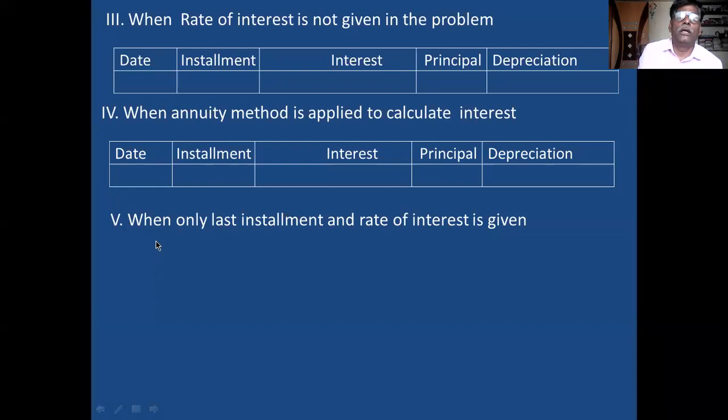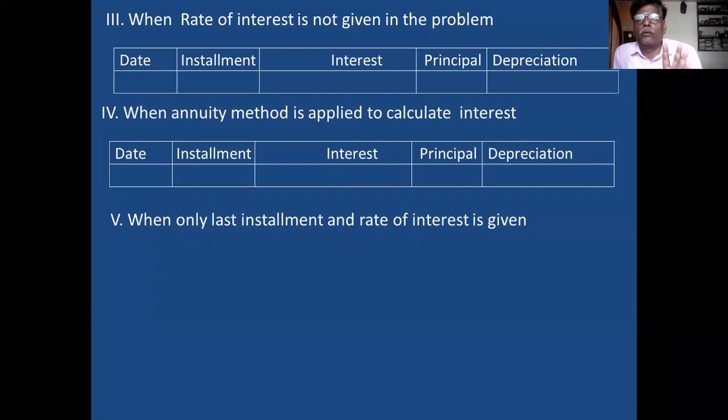And fifth method is only when only last installment and rate of interest is given. They will give you in the problem the last installment amount, and the rate of interest. They will not give the cash price and they will not give you the other installments.